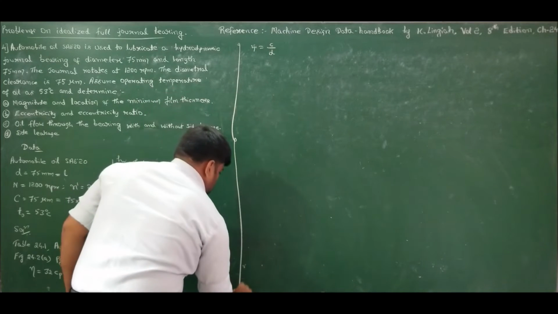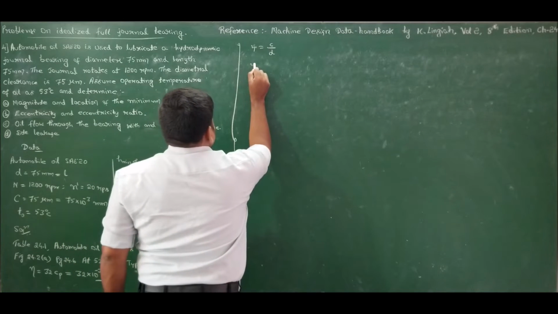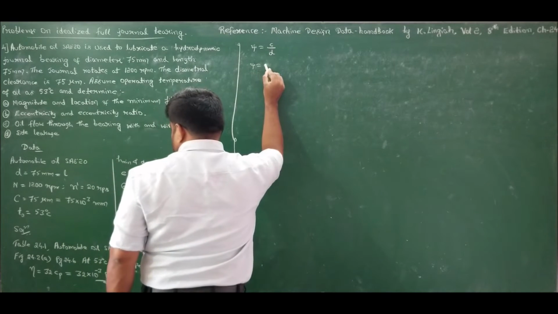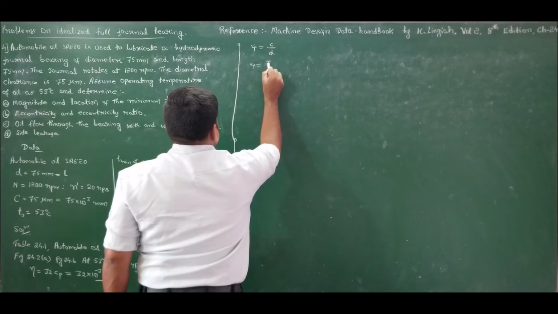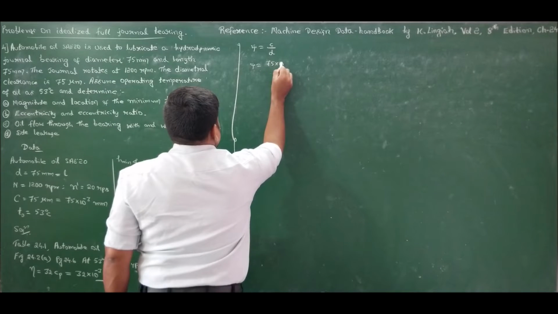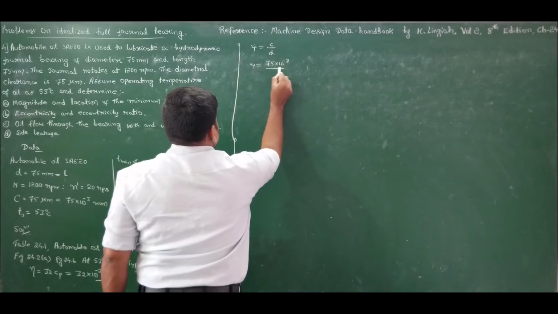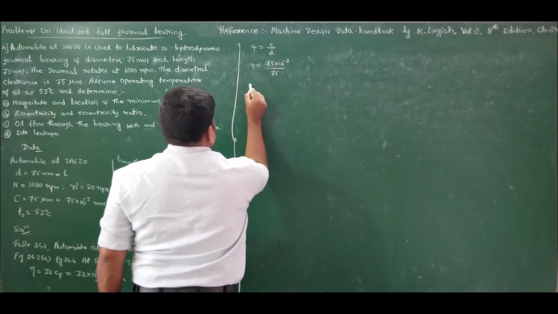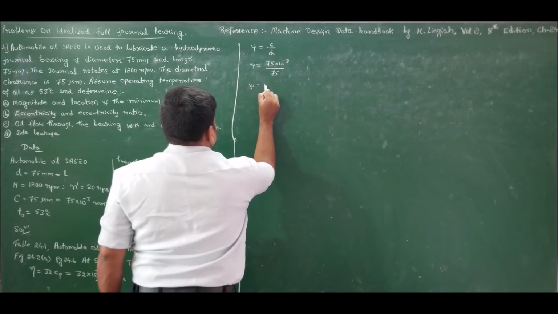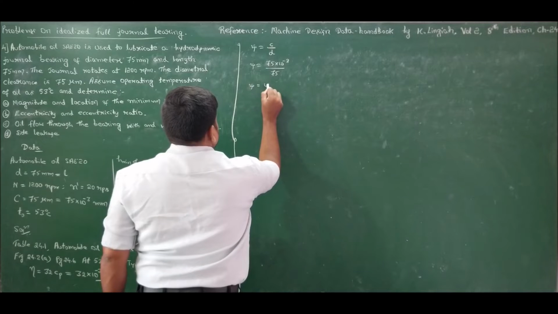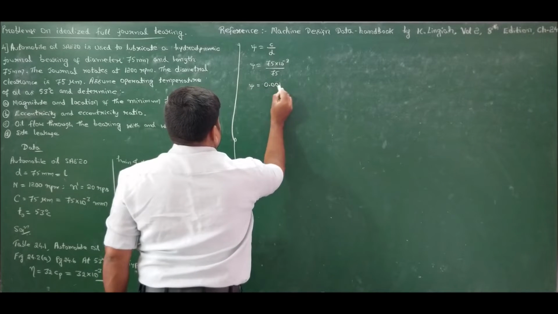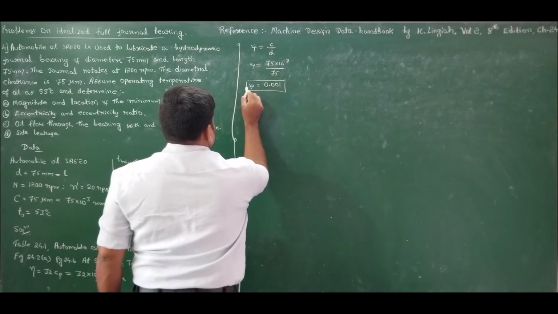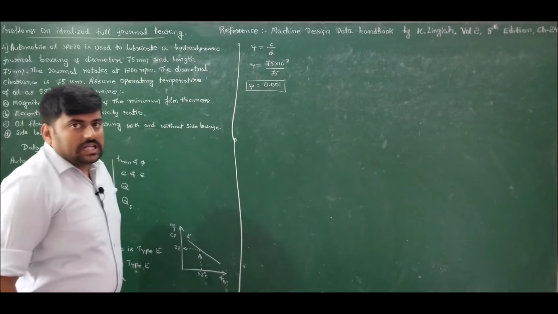Diametral clearance is 75 into 10 to the power of minus 3 millimeters and diameter is 75 mm, hence the diametral clearance ratio is 10 power minus 3, that is 0.001.